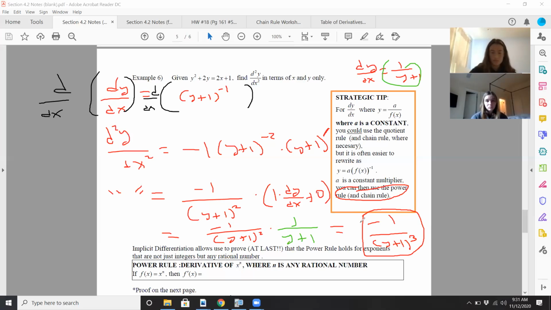I would bet serious money this question is asked because you really want to make sure you know your implicit differentiation, your notation, and how to substitute correctly. You understand that dy over dx was 1 over y plus 1 from a previous step. So this is an extremely involved process. I'm glad I'm recording this. I would strongly recommend you rewatch it if you need to. So that's what's happening there.